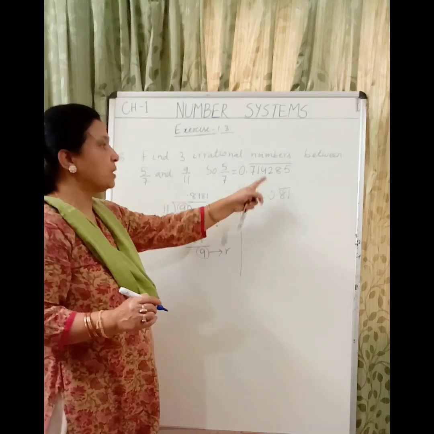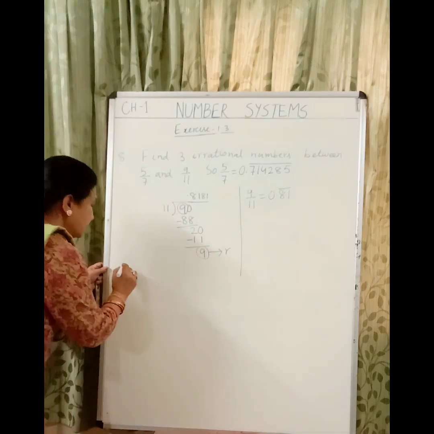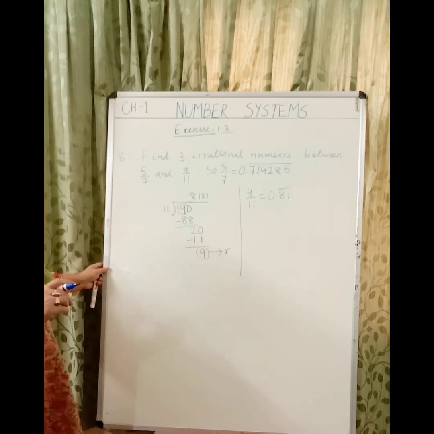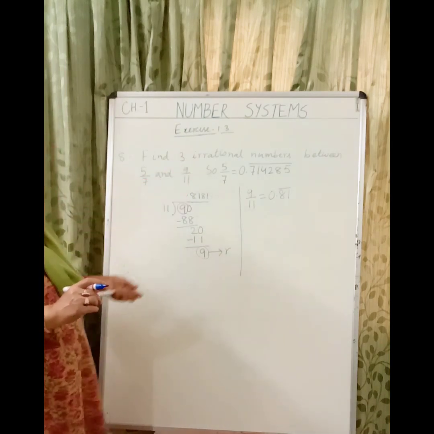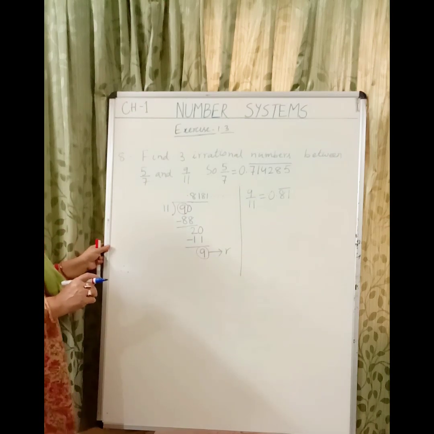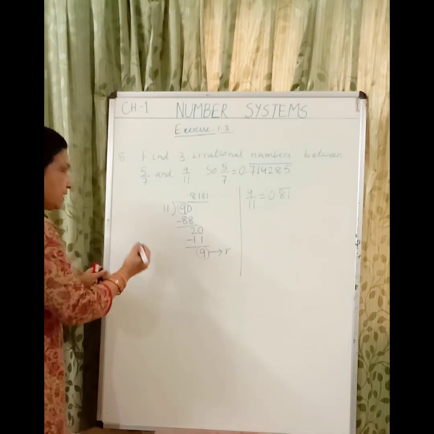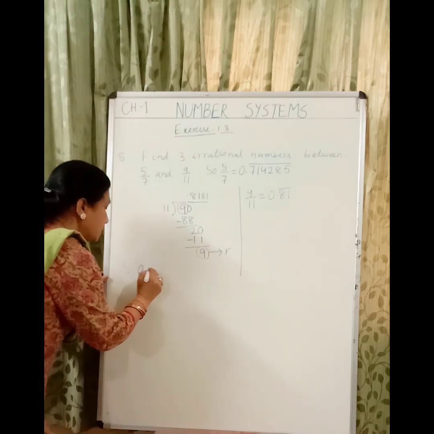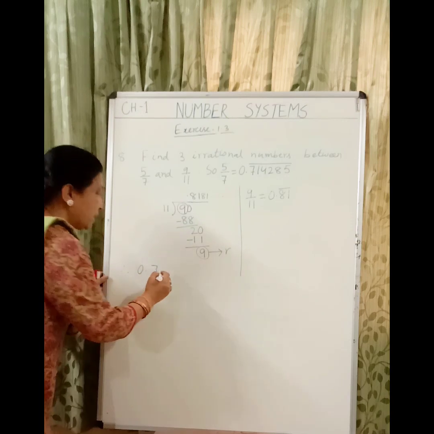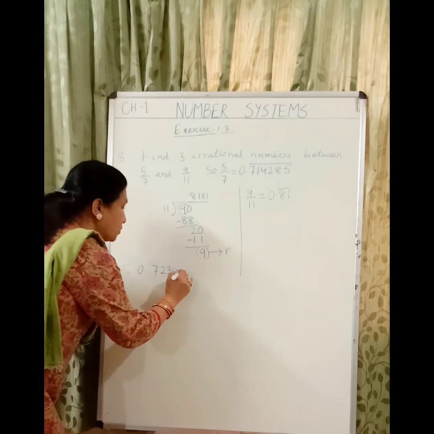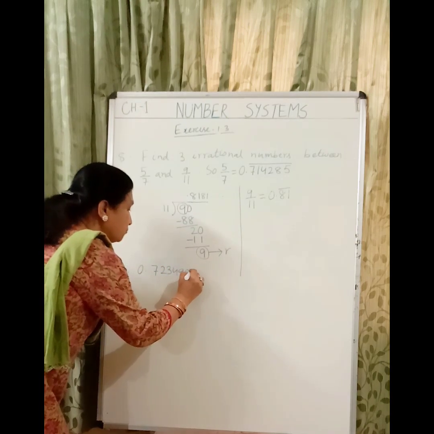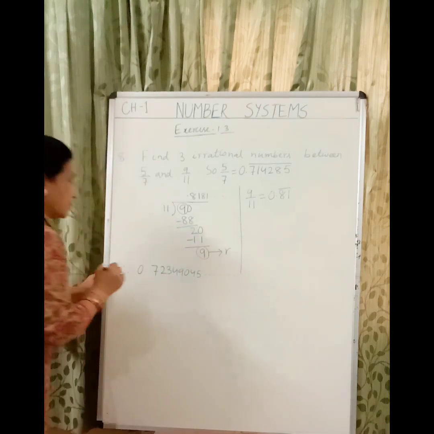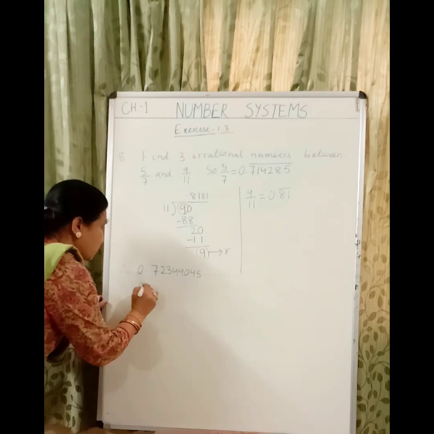We have to write now 3 irrational numbers between these two rational numbers or between these two decimal numbers. We can write n number of irrational numbers between any two rational numbers. So we can choose any number, like I am taking here 0.7234904 5 and so on. Another is 0.730002738 4.